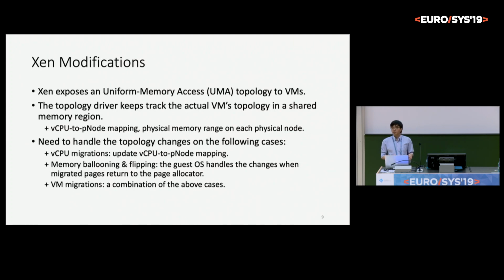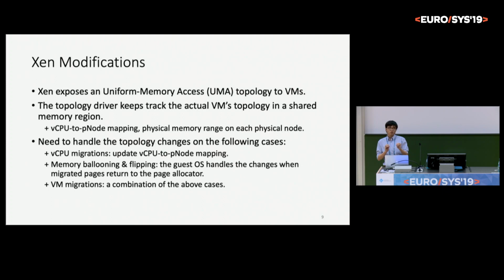During the VM execution, the topology driver keeps track of the VM topology data. It's the VCPU to physical node mapping and the physical memory range on each physical node, so that the guest OS can know which memory base is from which node. This information is stored in a shared memory region.